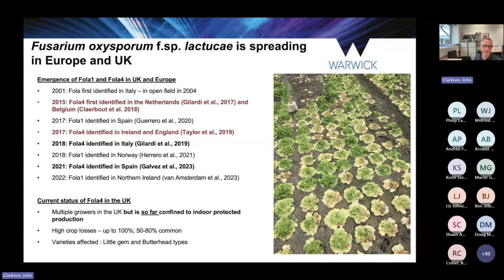It can cause very high crop losses, up to 100%, and the varieties affected, certainly at the time of the outbreak a few years ago, were the little gem and butterhead types. So since then, actually, the seed industry has moved quite rapidly to bring in, or start to bring in, some race 4 resistant varieties.